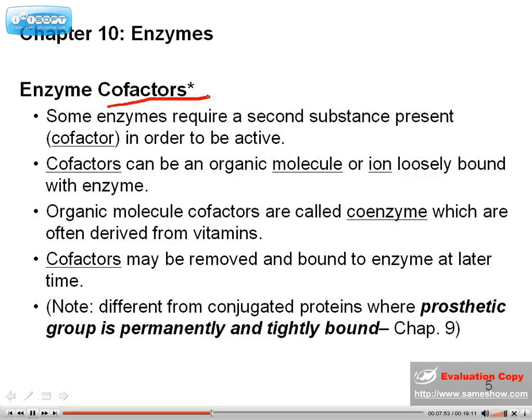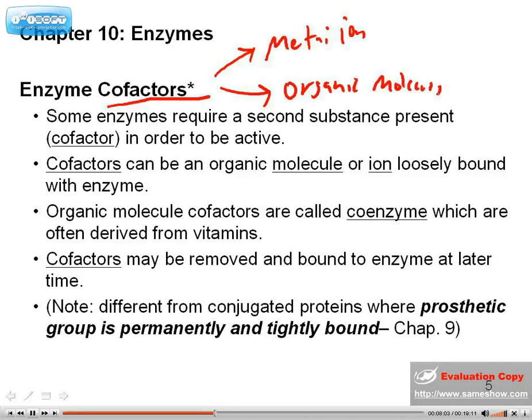Enzyme cofactors. These are any types of metal ions or any type of organic molecules. And these are used to go ahead and activate an enzyme. So here's one way that we can regulate enzymes. That's through enzyme cofactors.